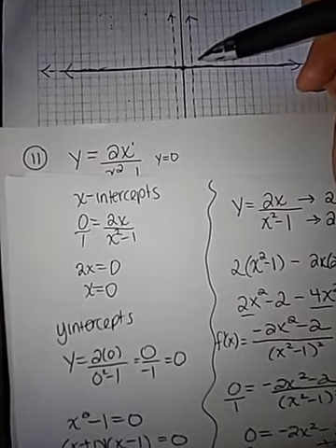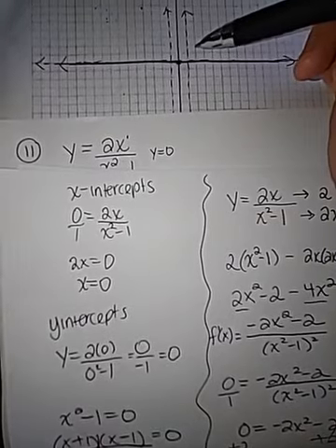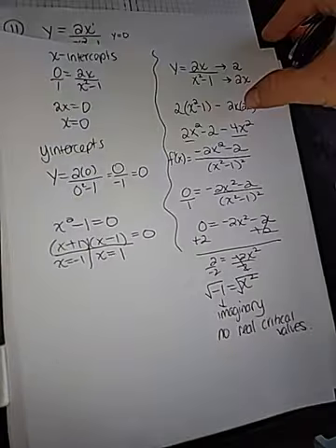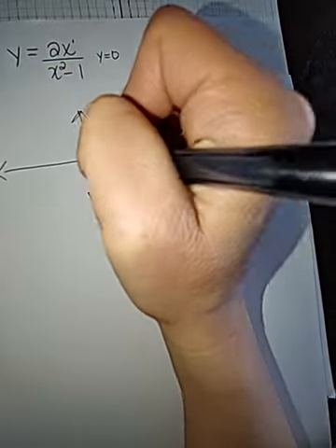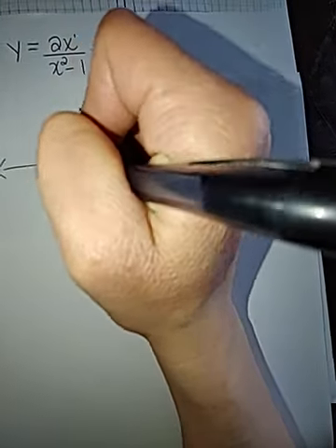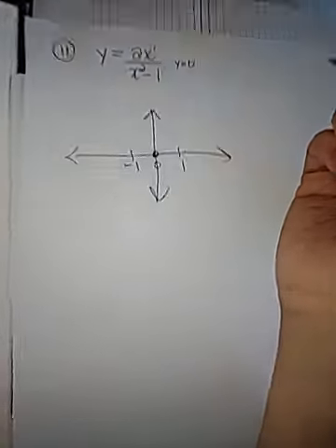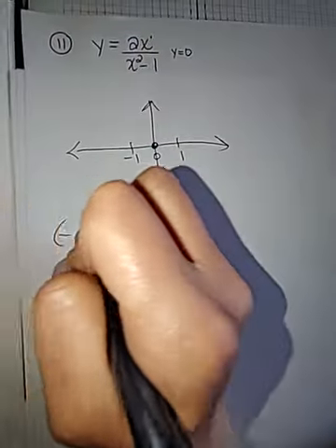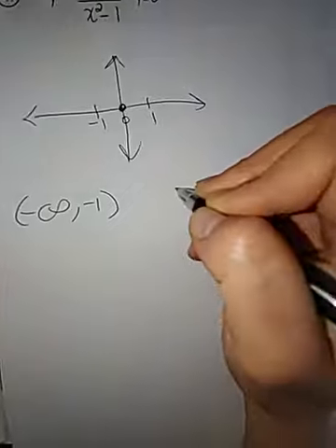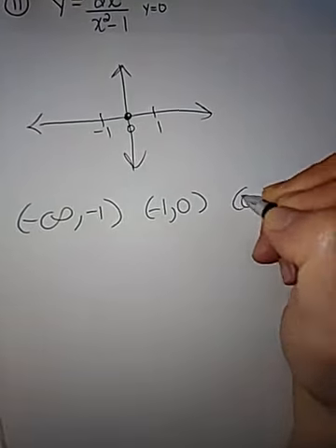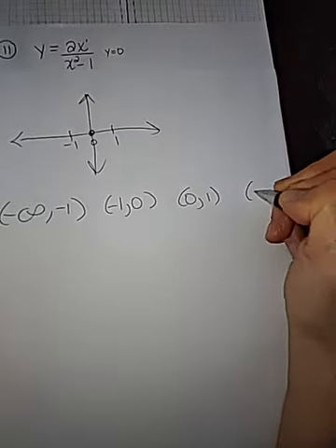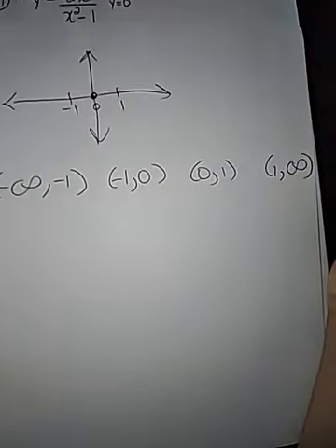So I'm going to use those actually to break up the graph to figure out how the graph is behaving. So I'm going to use 0, negative 1, and positive 1 to make my intervals. Okay, so from negative infinity to negative 1, I'm going to test a number. From negative 1 to 0, from 0 to 1, and from 1 to infinity.